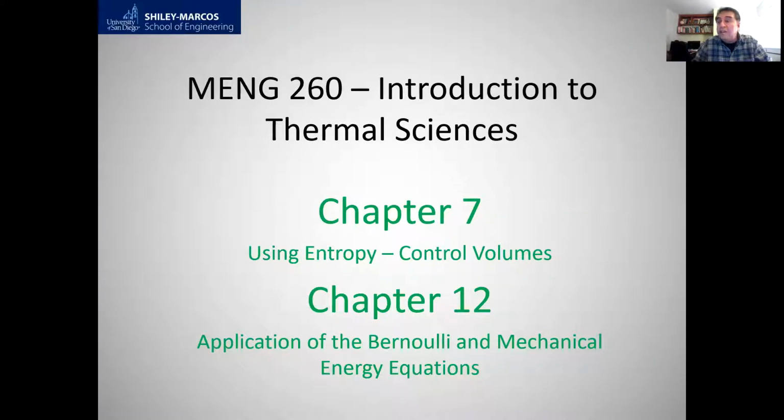The gas constant R is equal to the universal gas constant R bar divided by the molecular weight of that gas. That is maybe a better way to determine R.